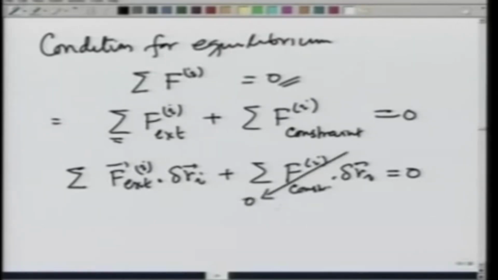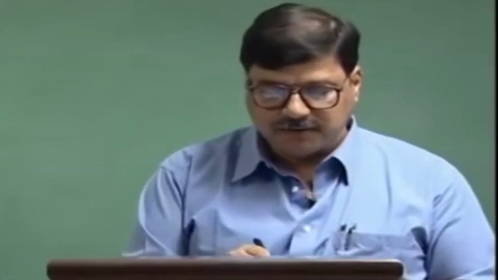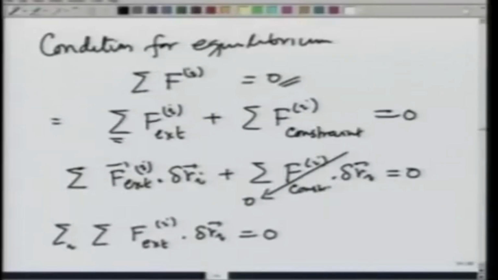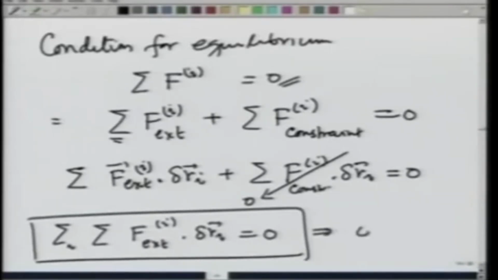Therefore, this second term vanishes, and this tells you that the work done by all the external forces together on each particle is 0. If the work done on each particle is 0, the net sum over i is also 0. This implies delta W, the virtual work external, is 0. We have proved the necessary part of the principle of virtual work.